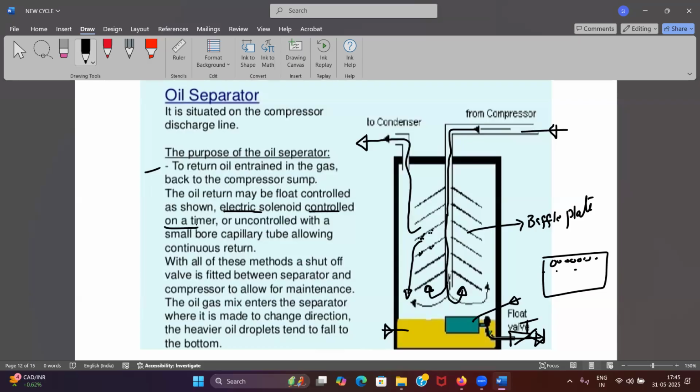Mostly nowadays we are using this electronic solenoid operated timer, which will release the oil. But previously we were using float type. So once a sufficient level of oil has been collected over here, the float valve will open and it will get released back into the compressor crankcase. Is it clear?